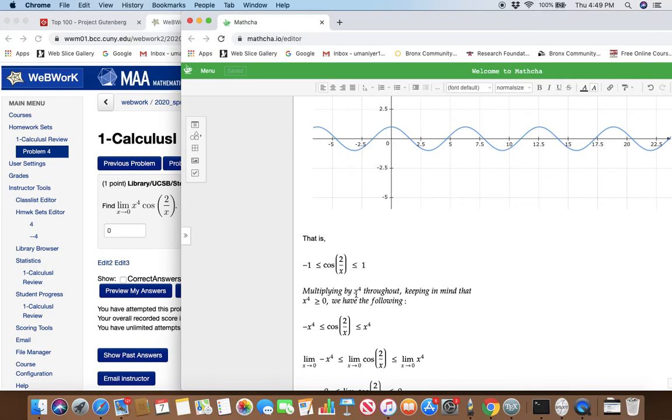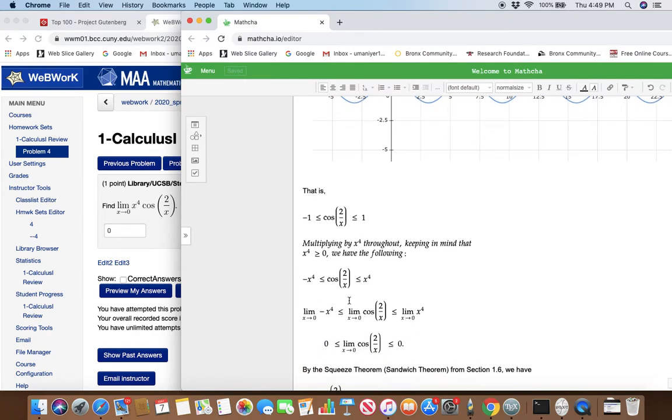But fortunately, the fourth power makes sure that you are multiplying by something non-negative. That is, the inequality is maintained. So negative 1 times x to the 4 is negative x to the 4. Positive 1 times x to the 4 is x to the 4. And the inequalities are maintained.